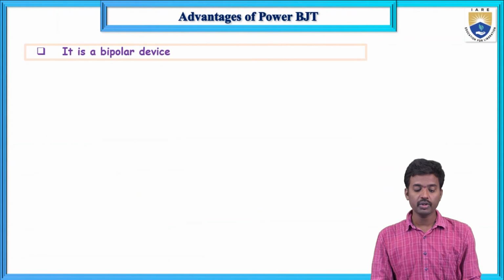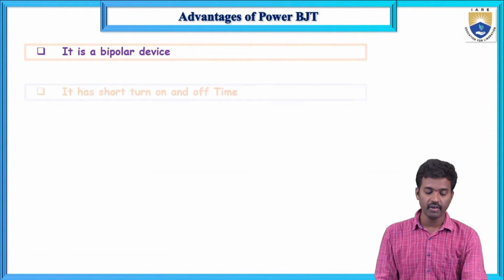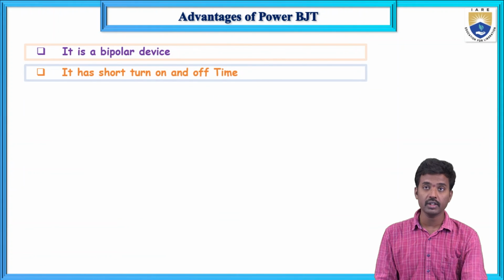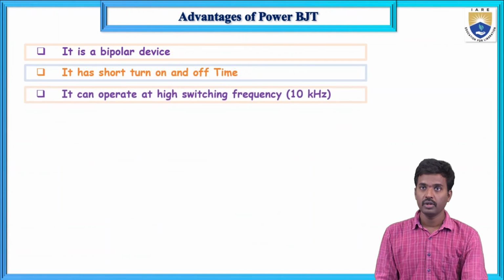Now coming to the advantages, it is a bipolar device. Already we discussed that bipolar means conduction takes place in this device because of electrons and holes. It has short turn on and turn off time, which means we can use it for high frequency applications up to 10 kilohertz.